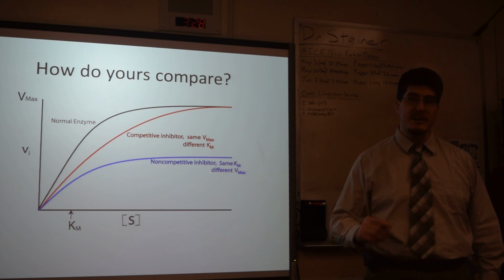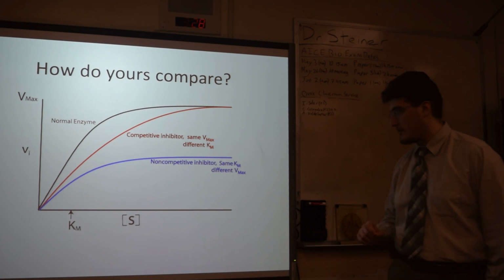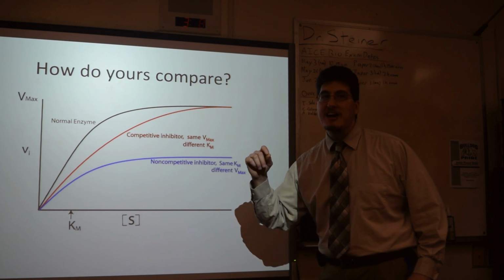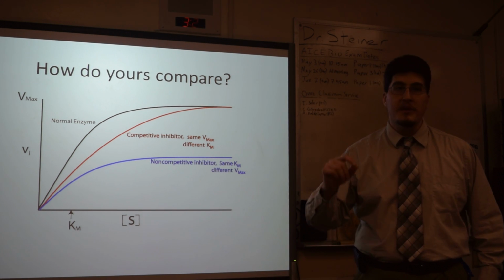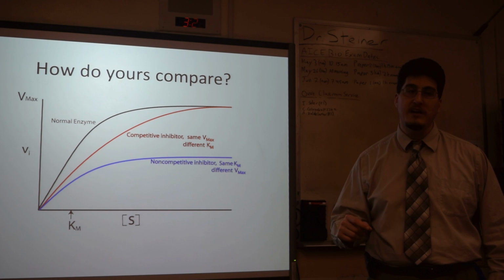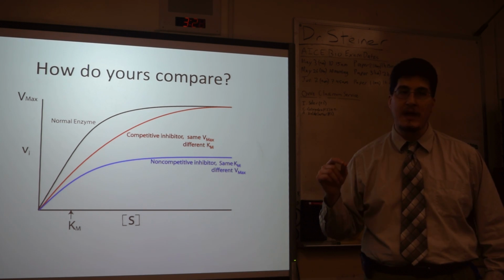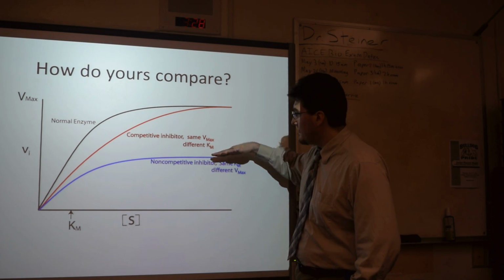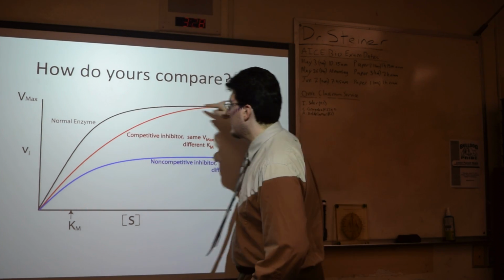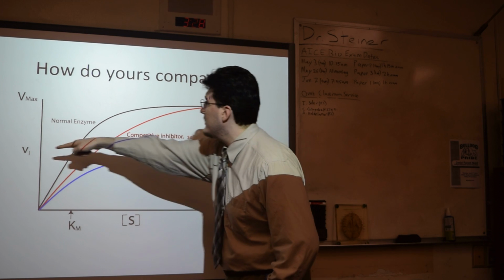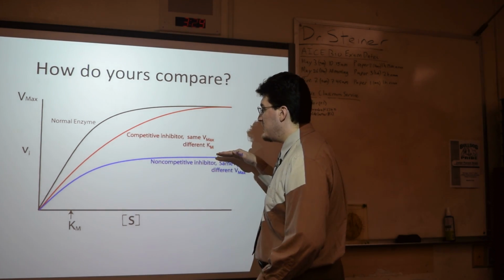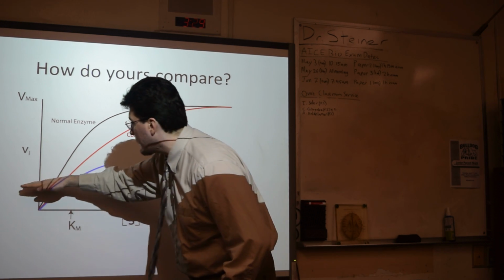The blue line is a non-competitive inhibitor. It prevents the reaction from going forward, but it does not change the affinity of substrate to enzyme active site. So Vmax is lower. Vmax is here in the black line and here in the blue line. 1/2 Vmax here is about here.